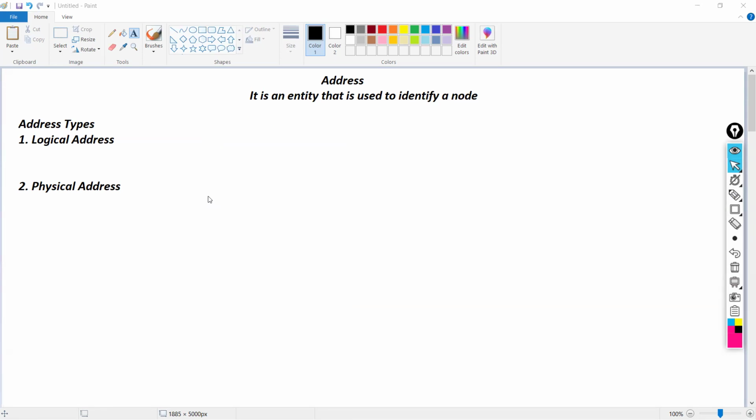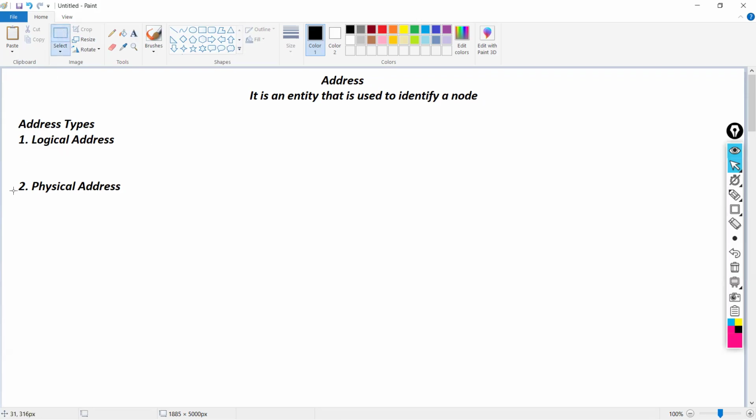So we know that our name is what? Physical entity, and enrollment number is what? Logical entity. So whenever you go from one network to another network, your IP address, your logical address, will depend on your network. Your network will assign an IP address to you. But the physical address, the address of the device, is fixed with the device. It doesn't matter, I am carrying my laptop, connecting to Wi-Fi in office or home or some public place. It is still my laptop, still my device, same address. So physical addresses will not change.